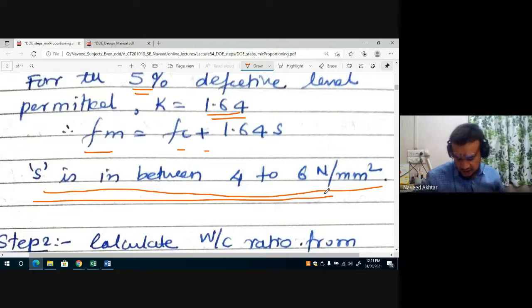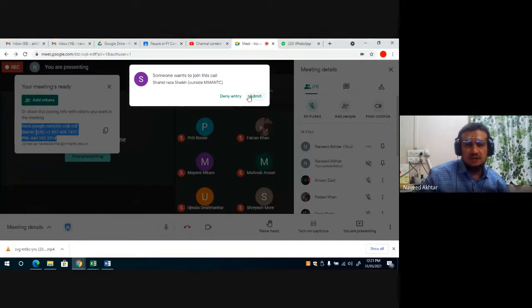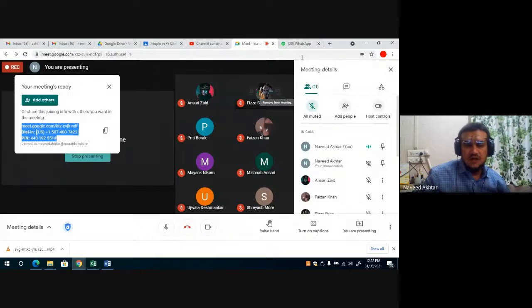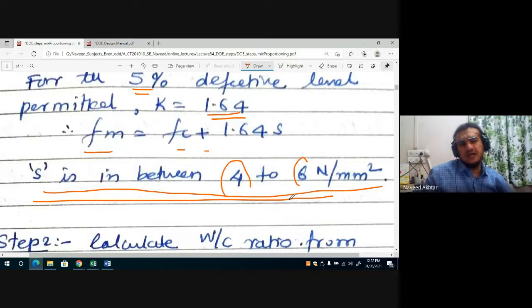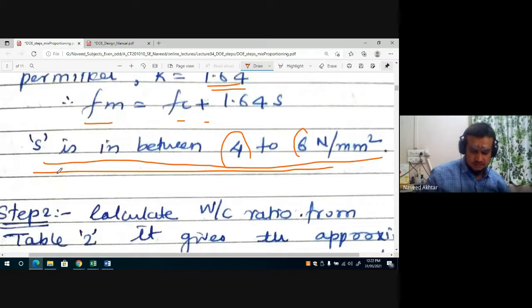In our design by the DOE method, the value of the standard deviation S will be in between 4 and 6 Newton per mm square. So this is step number 1, in which we are finding out the target mean strength.